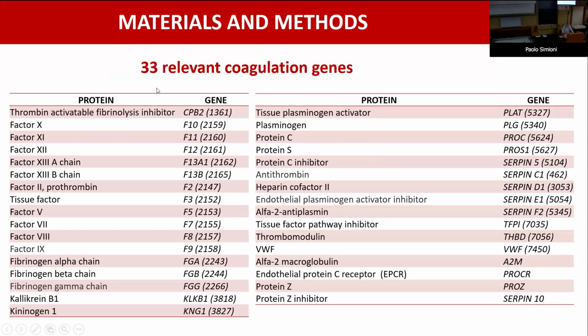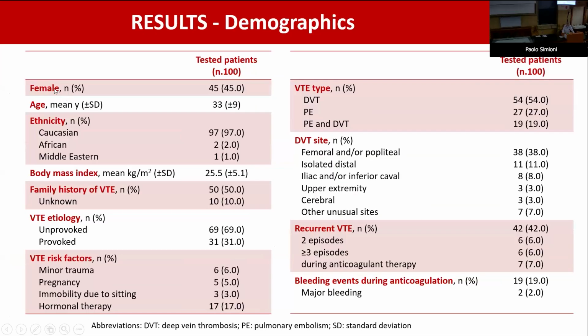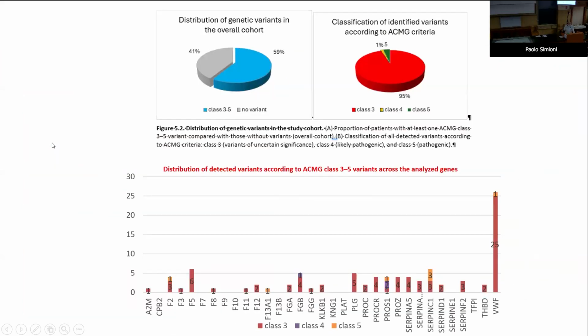We studied 33 relevant coagulation genes of the proteins that I showed you in the cartoon at the beginning of my presentation. And the patients were, I don't want to go through the type of patient, I want to show you what we have found.